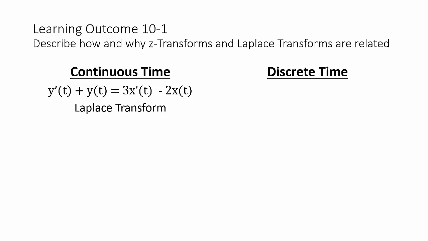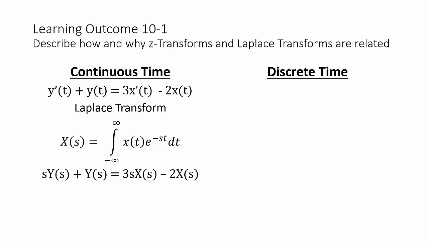On those differential equations, we use a Laplace transform. The Laplace transform has the analysis integral X(s) equals the integral from minus infinity to infinity of x(t) e to the minus st dt.